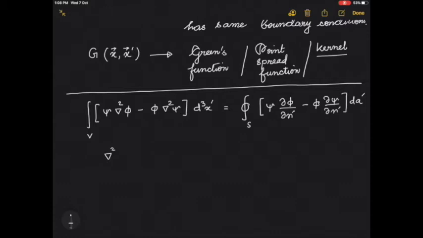And we have the Poisson equation. Grad square phi is this.